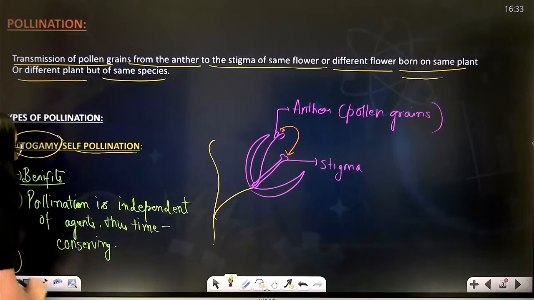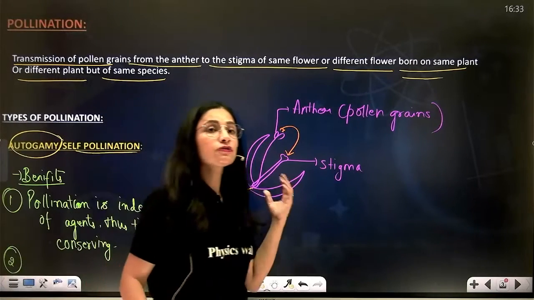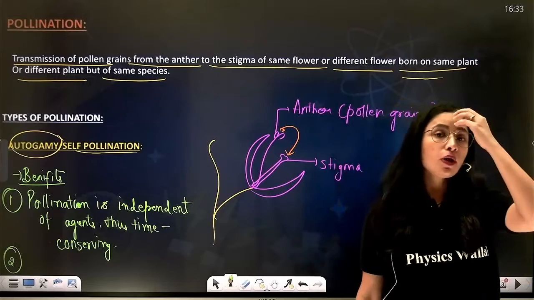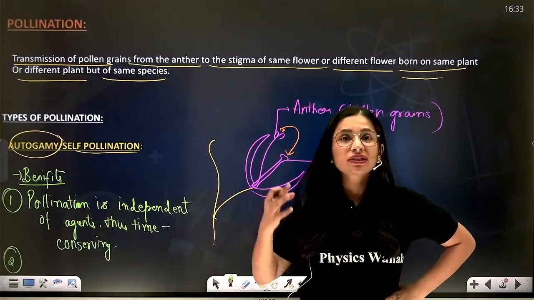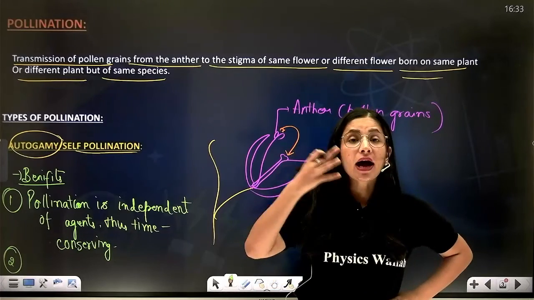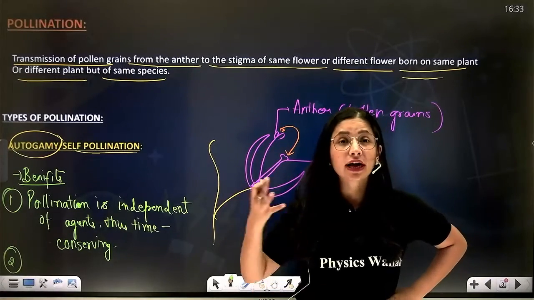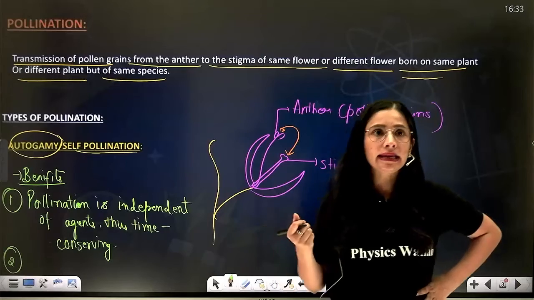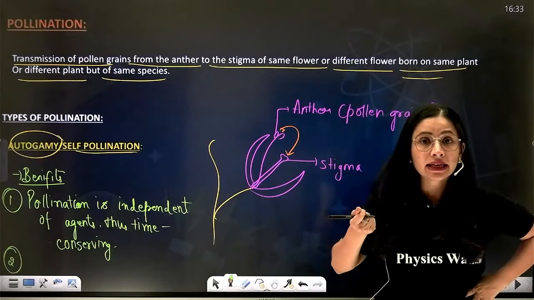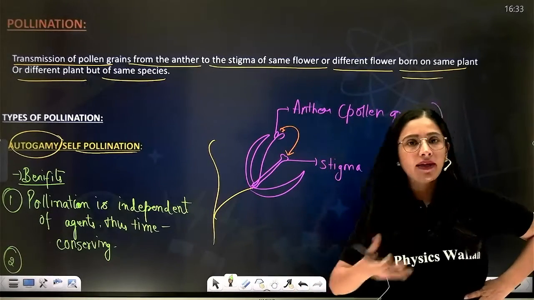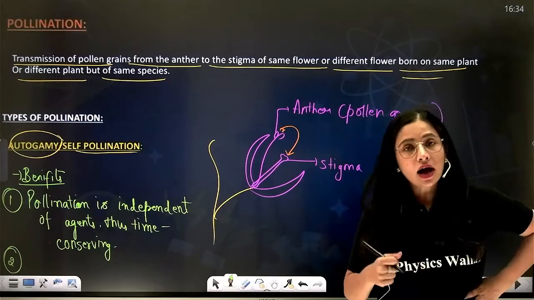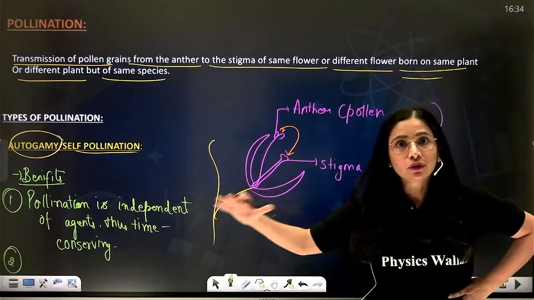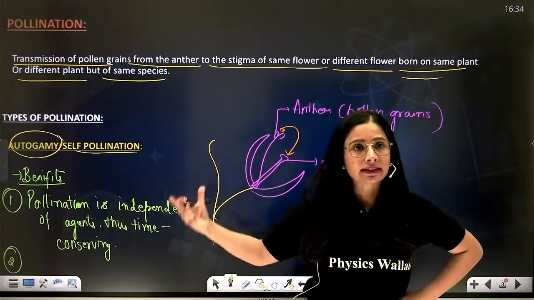Second, beta, suppose this flower would have been showing cross-pollination with the help of insects, so it needs to produce nectar, it needs to make its flower more showy, colorful, attractive, good smelling, so that it can attract the insect. The insect will come and then will take the pollen grain for pollination, right? However, here no such insects are involved, nothing is involved.